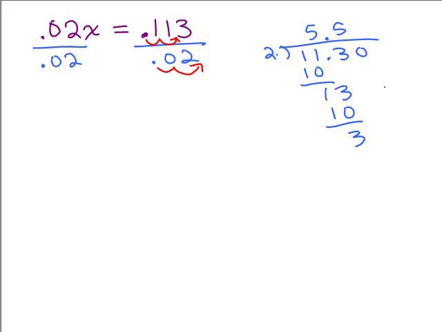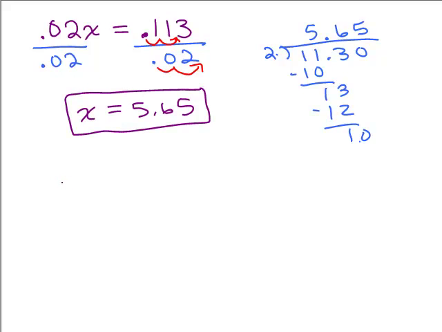So we're going to have to add a 0 here because there's still a remainder. And 2 into 10 is 5. There we go. Okay, so we get x equals 5.65.